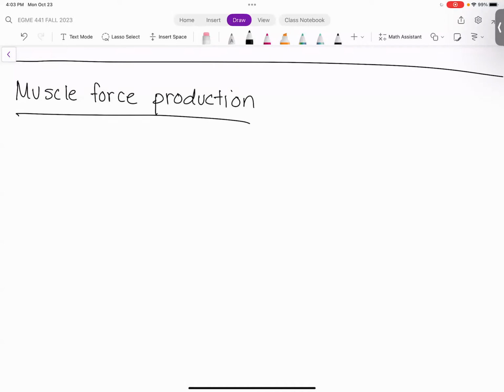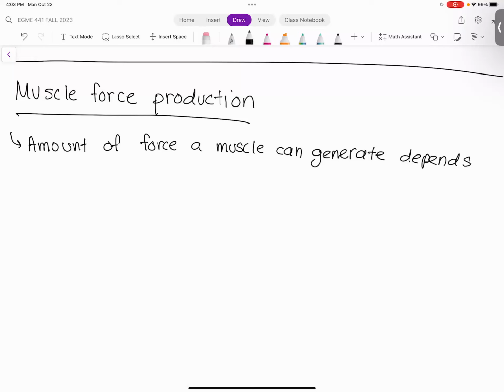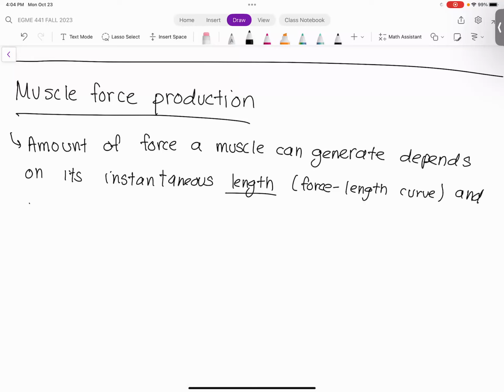We went over a couple of key curves, like the force length curve and the force velocity curve. Those were the two curves we were talking about.